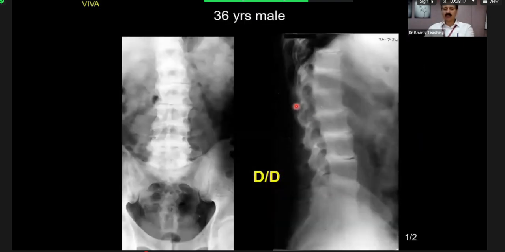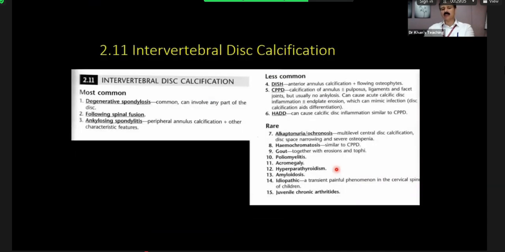This film, this sex, this age, this is what they want to talk about. Why is there so much degenerative change? And why is there disc calcification? Alkaptonuria will be up there as the diagnosis, and other things you can rule out because of X reason or Y reason. So this is the type of thinking you should have.